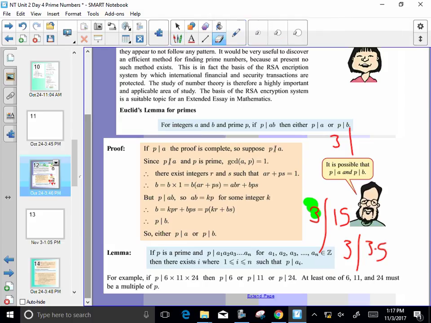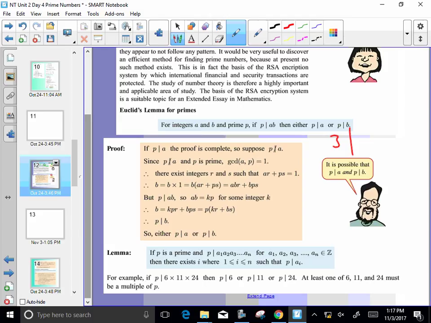So the idea there is that we can prove that by saying if p divides a, the proof is complete, okay, because then one of them is prime. But suppose p isn't dividing a. p does not divide a. Then a and p are relatively prime to each other, so we can say the GCD is 1.